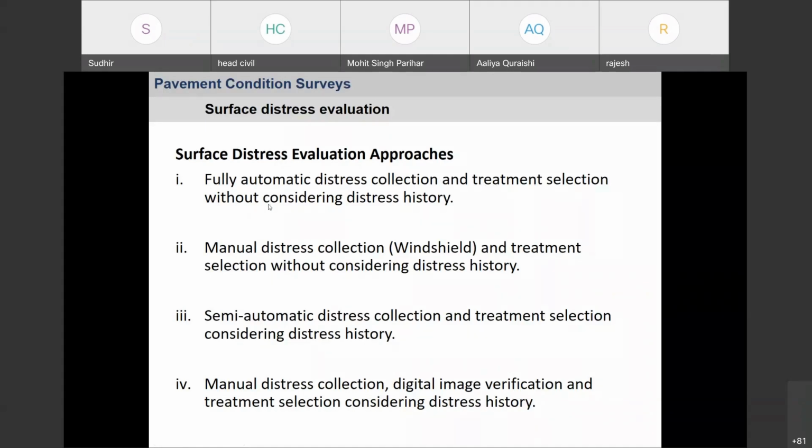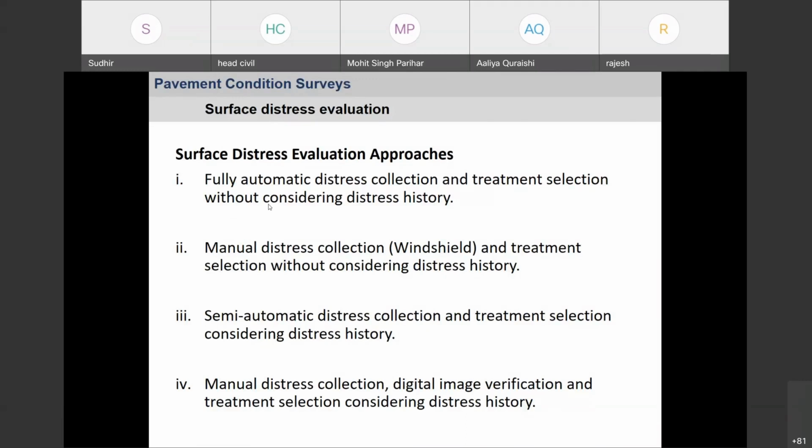So let's say I'm a transportation agency and I am collecting my pavement distresses in my network in year 2021. Okay. And based on the distress that I have found in year 2021, I have decided what treatments should be provided to my pavements.